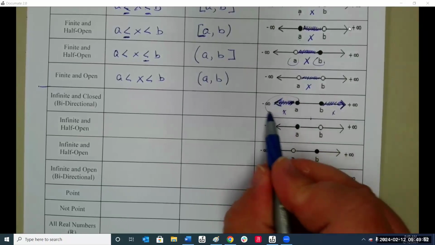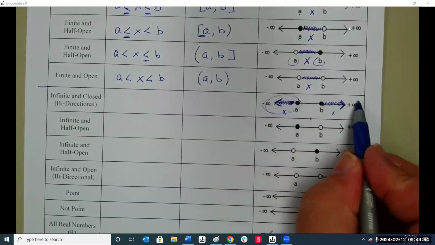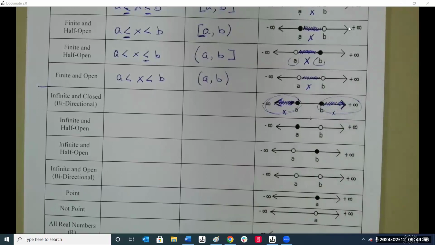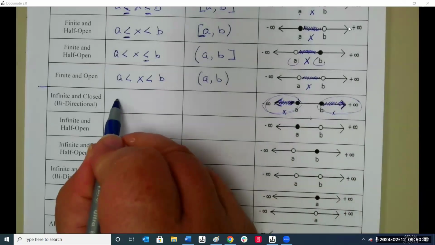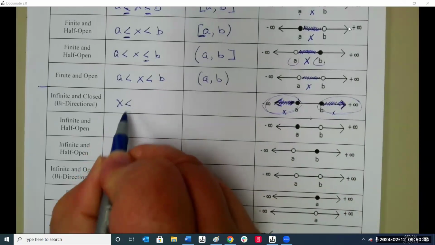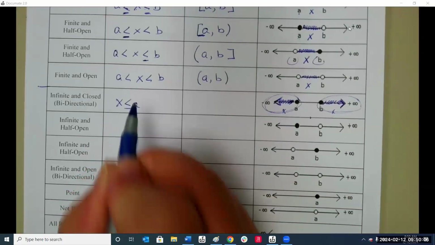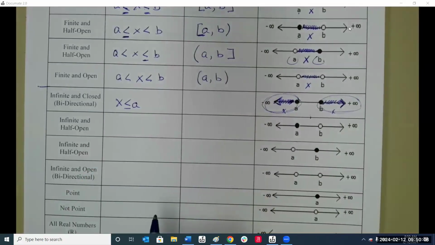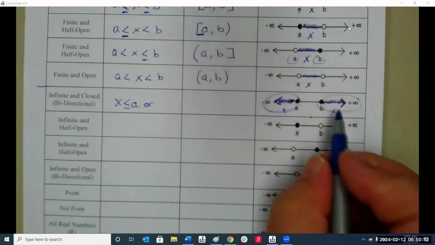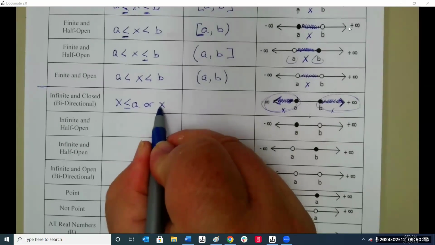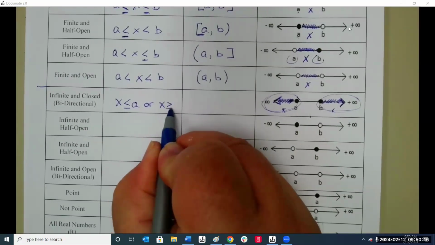We have one set of answers here, and we have another set of answers here. So this first one, x is less than or equal to a, there's a solid dot, or x is greater than or equal to b.